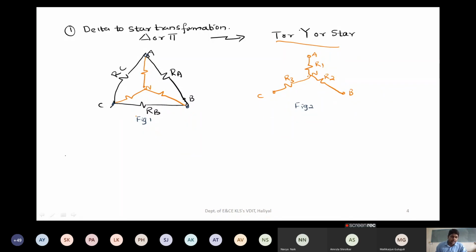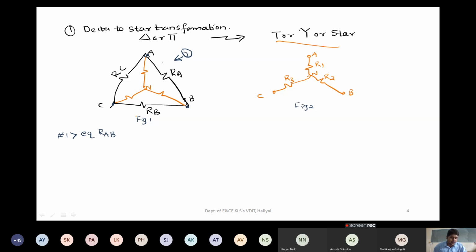So here in step number 1, I can find the equivalent resistance across the terminals AB, seeing from this end.